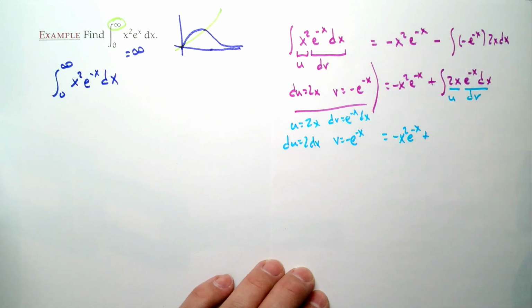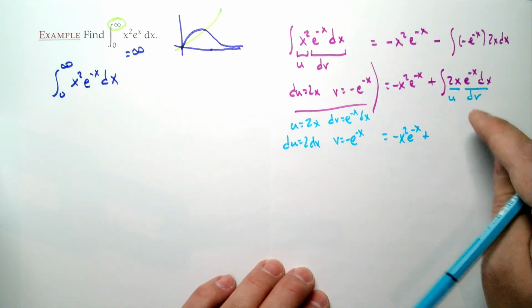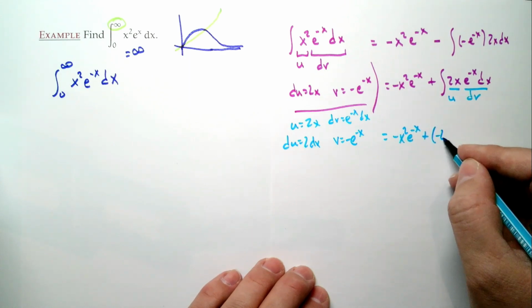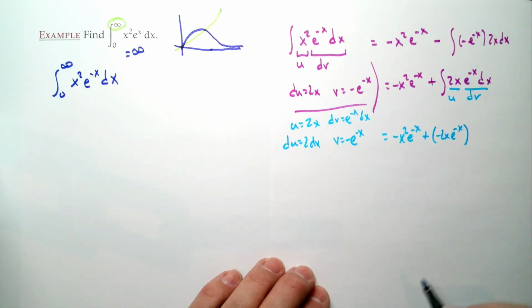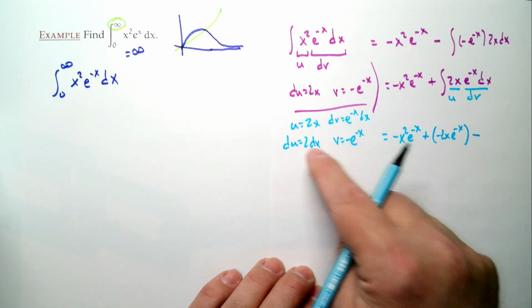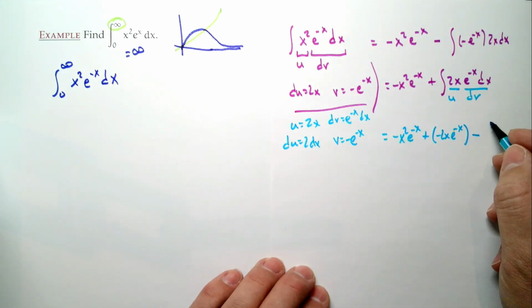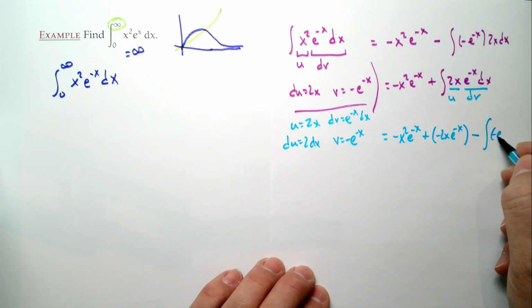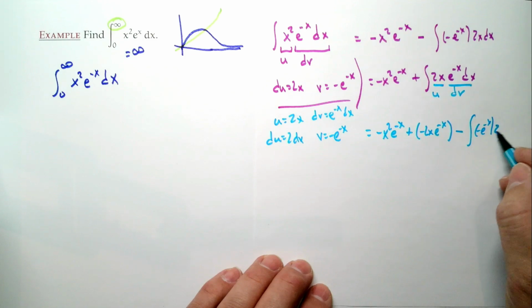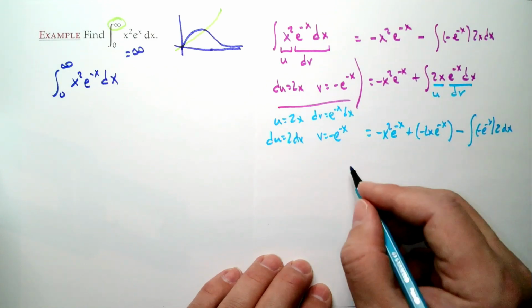Then we have u times v, minus 2x e to the minus x is what that will become. And then minus the integral of v du. So that's minus the integral of minus e to the minus x, whoops, I'm almost off the side, times 2 dx.